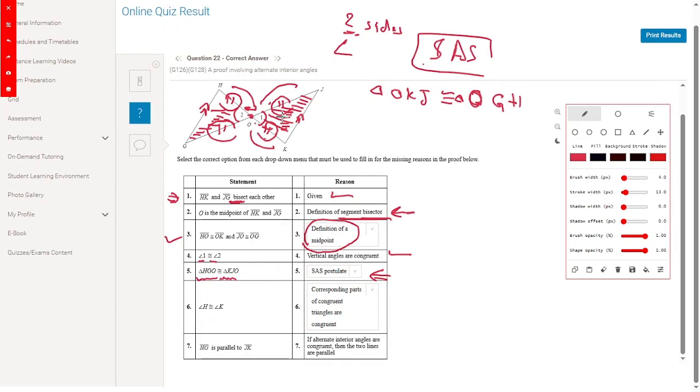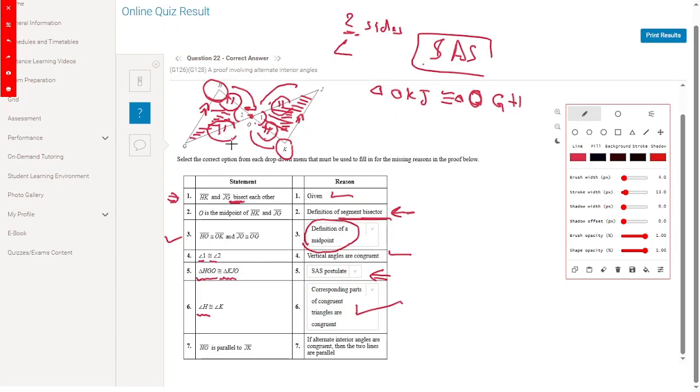Now, because these two triangles are congruent, anything related to these triangles will be congruent also. So angle H and angle K will be congruent, and angle G and angle J will be congruent, right? In this case, I have angle H congruent to angle K, because corresponding parts of congruent triangles are congruent.